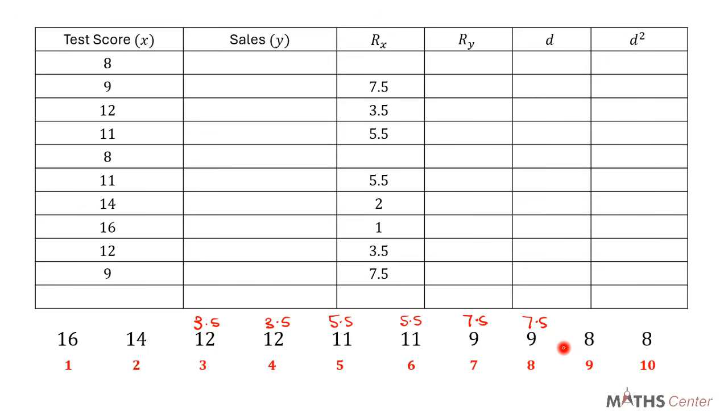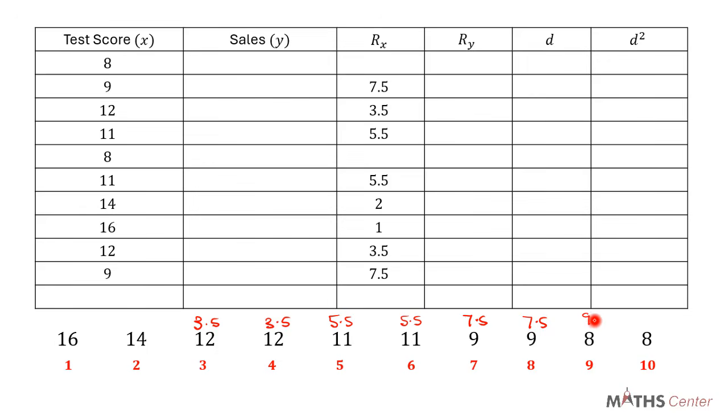The next score is 8. 8 also occurs twice. This 8 has a rank of 9 and this one a rank of 10. So you add the ranks. 9 plus 10 gives us 19. Then since 8 occurs 2 times, you divide that by 2. 19 divided by 2 gives us 9.5.